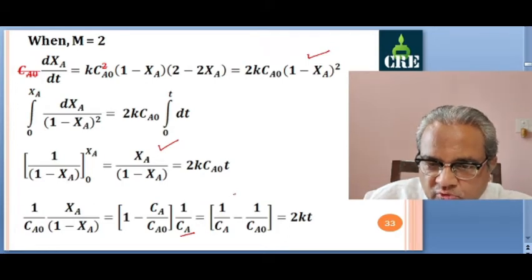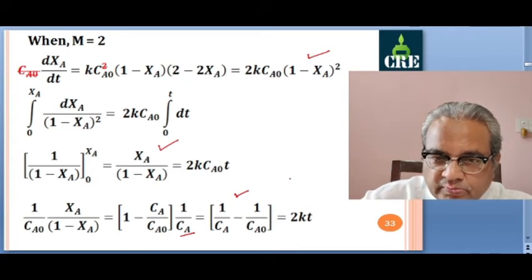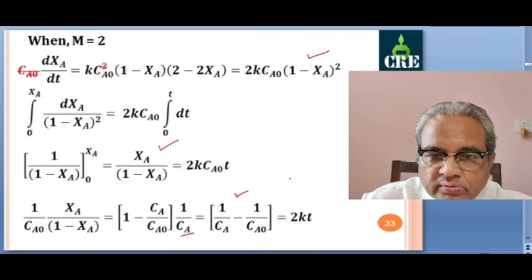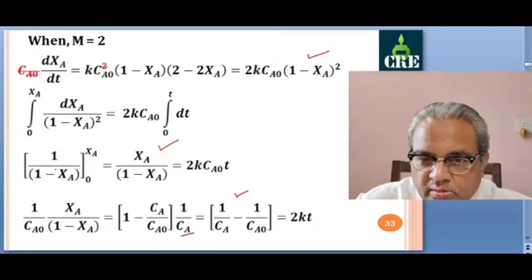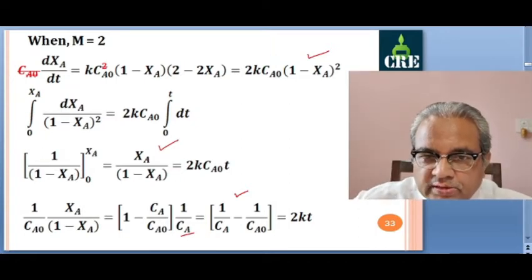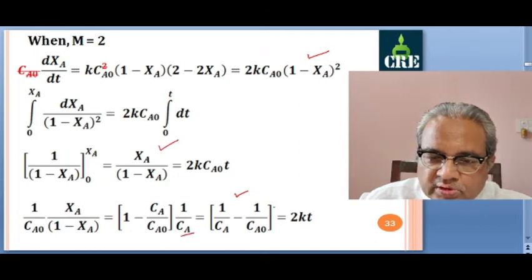Similarly, this form also you can use. This is the y is equal to mx plus c form. For this case, what will you plot? This you can transfer to this side, so 1 upon Ca is 2kt plus 1 upon Ca0. Here 1 upon Ca0 is the intercept in the y is equal to mx plus c form.